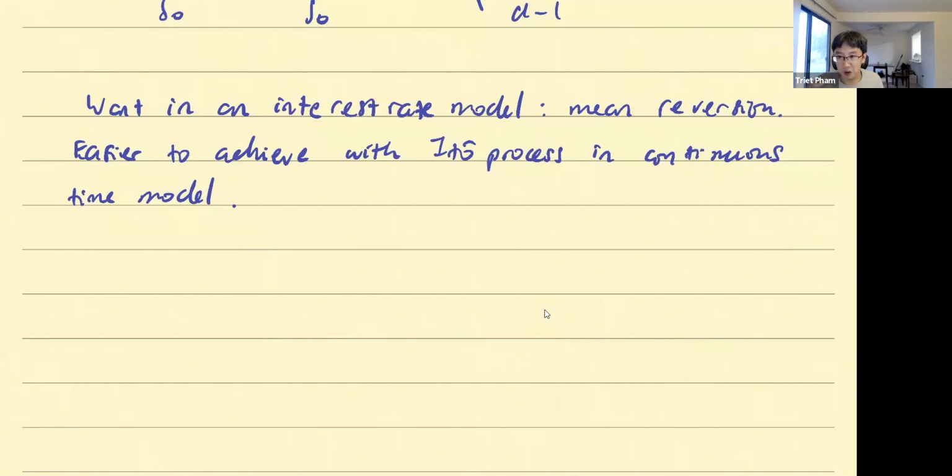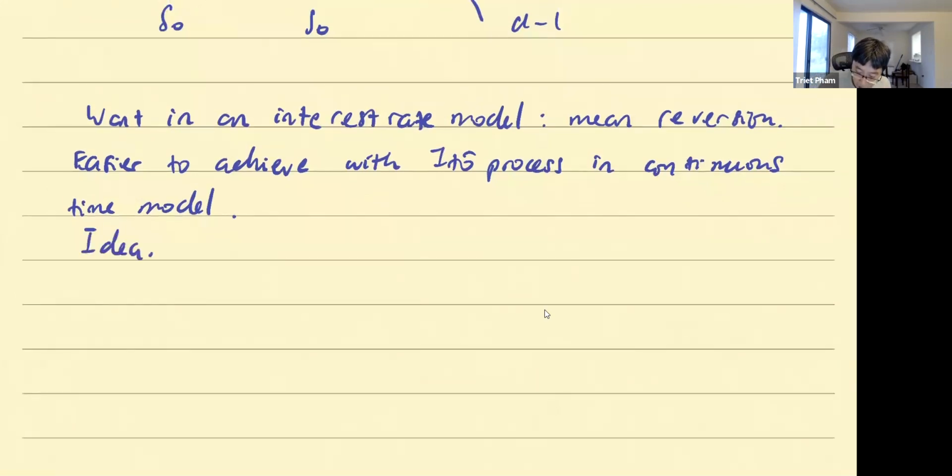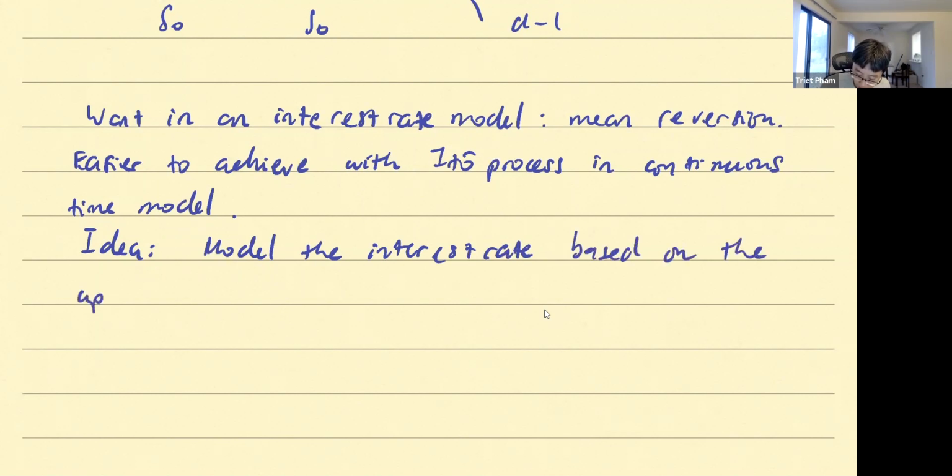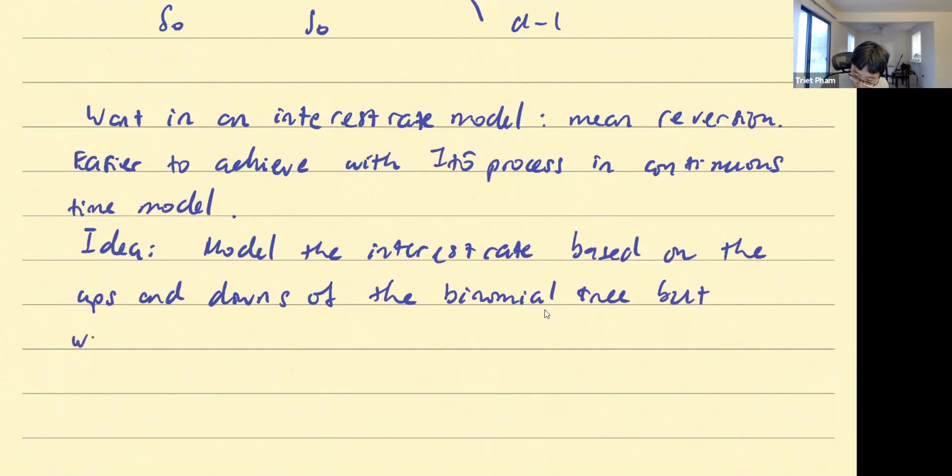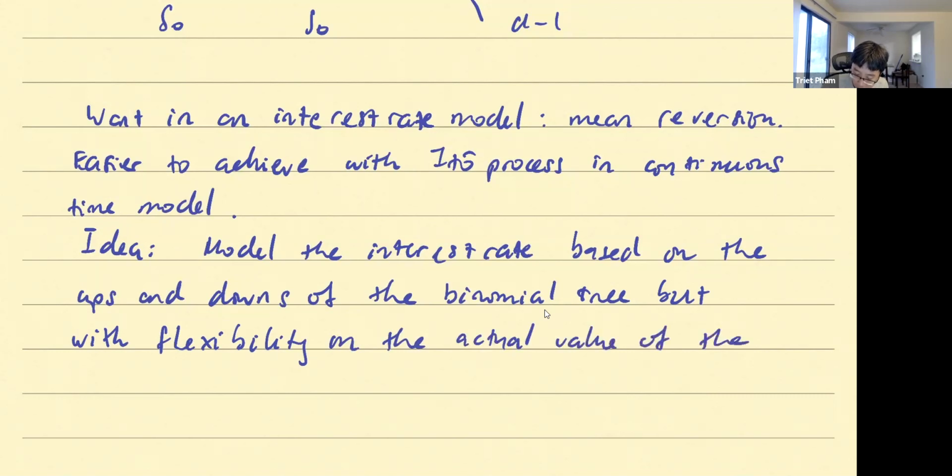Basically you give up, not give up, but you relax on the idea of mean reversion, and the idea is we're going to model the interest rate based on the ups and downs of the binomial tree, but with flexibility on the actual value of the interest rate.